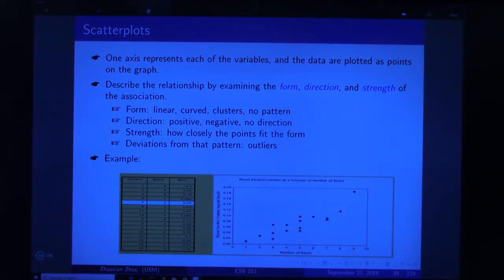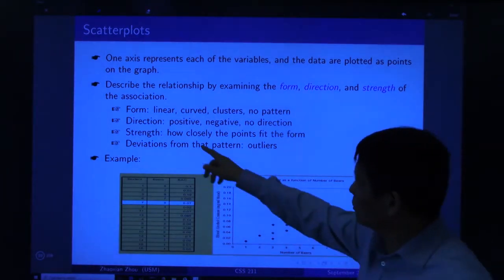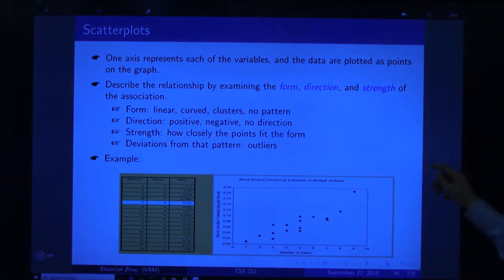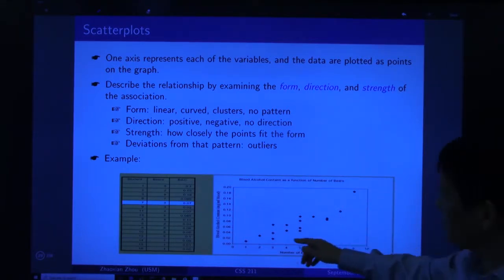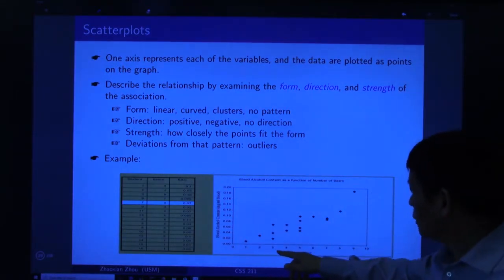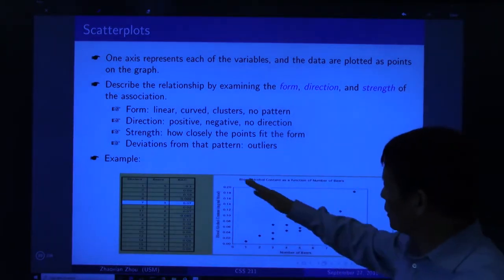The second one is the direction. The direction usually applies if the form is linear. So for example, this is a straight line. We assume this is linear, meaning a straight line. Then this straight line can be positive, meaning the slope is positive, it's increasing as the x-axis increases. Or it can be negative.